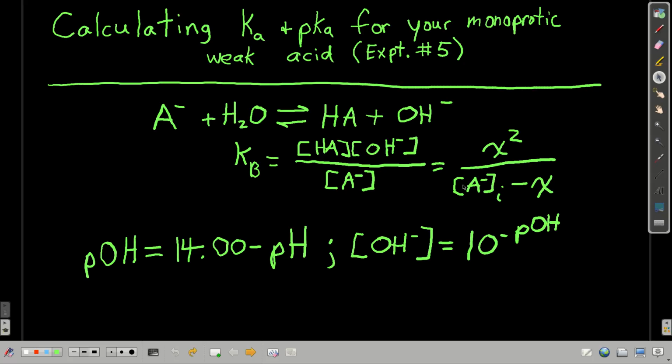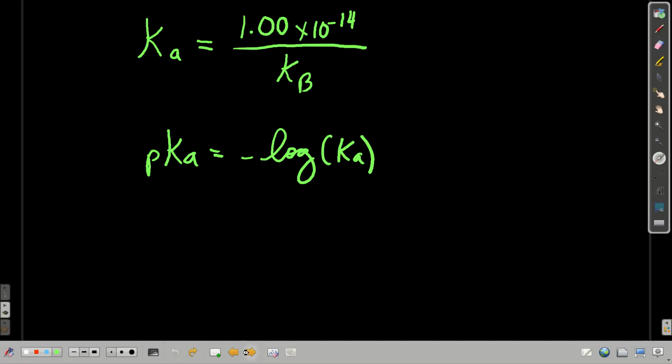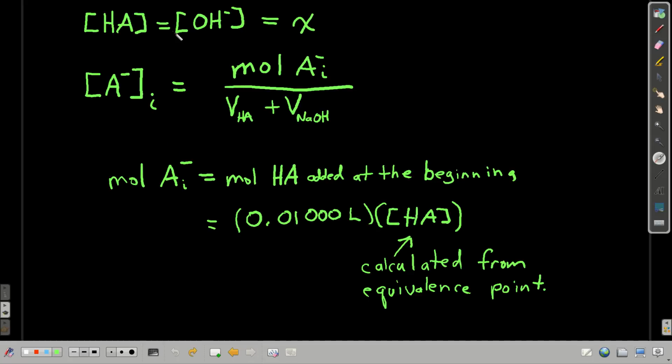In order to get our x, which is our concentration of hydroxide, we take 14 minus the pH, the pH you recorded from your graph at the equivalence point. Once you know the pOH, the concentration of hydroxide is 10 to the minus pOH. So now you know your x.